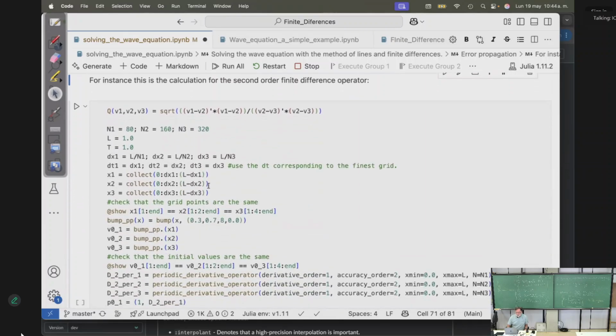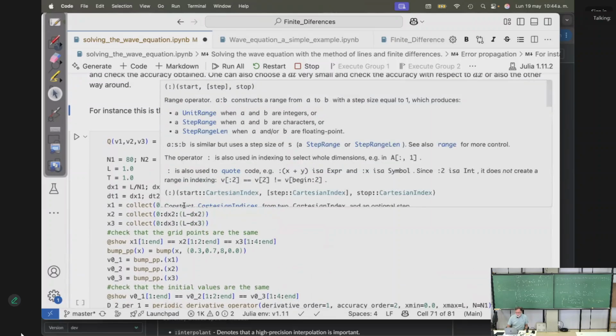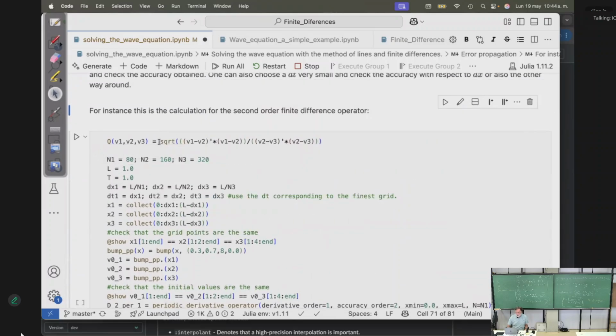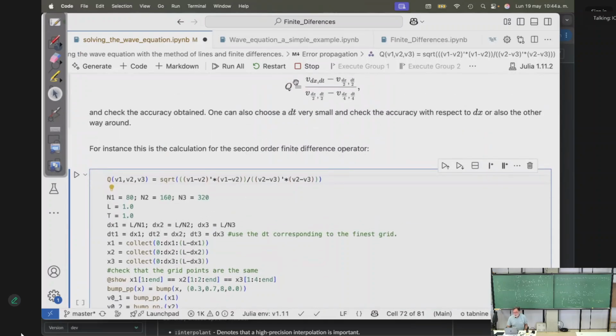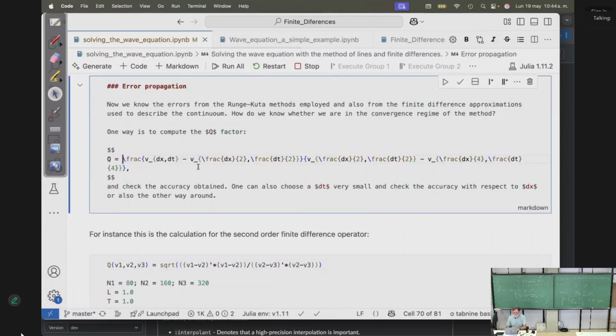So we'll check this with the Q here. Since we are taking the solution, we have to use some norm here.